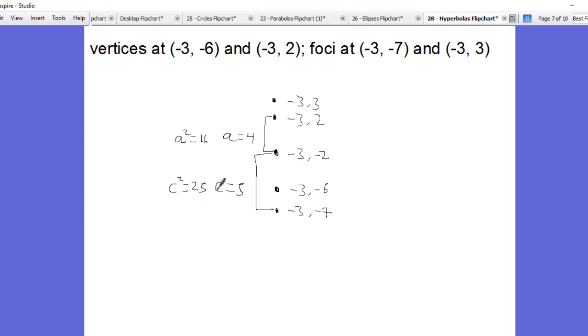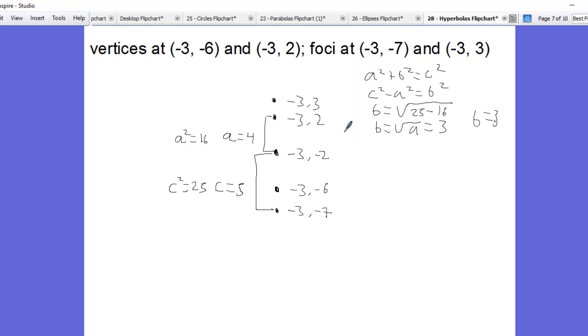Then a squared plus b squared equals c squared, which means c squared minus a squared equals b squared. So b is equal to the square root of 25 minus 16, which is the square root of 9, which is equal to 3.